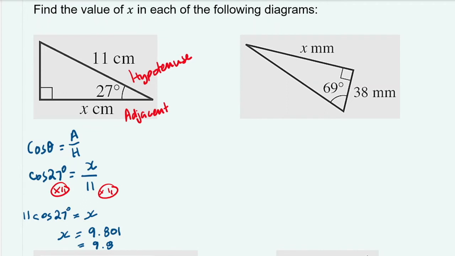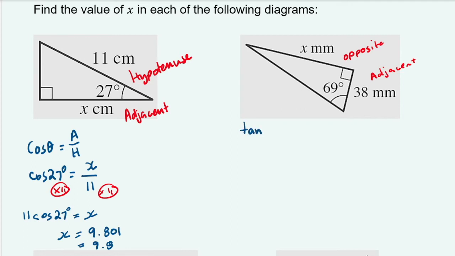We have an opposite side this time. We have an opposite side and we have the adjacent side. And no hypotenuse this time. So we're not going to use cos, we're not going to use sine, we're going to use tan.